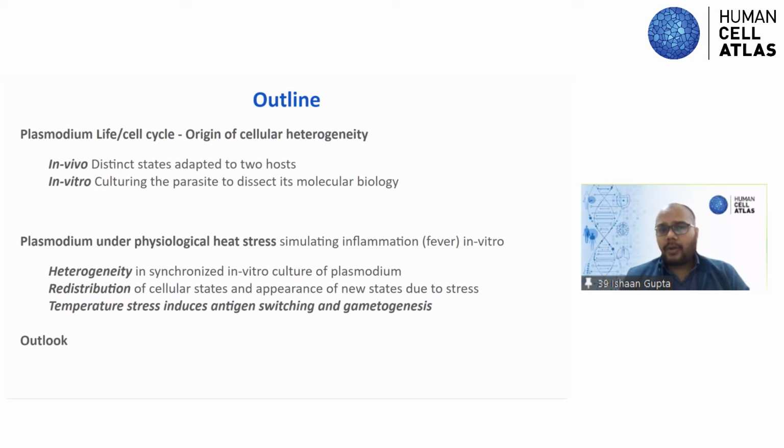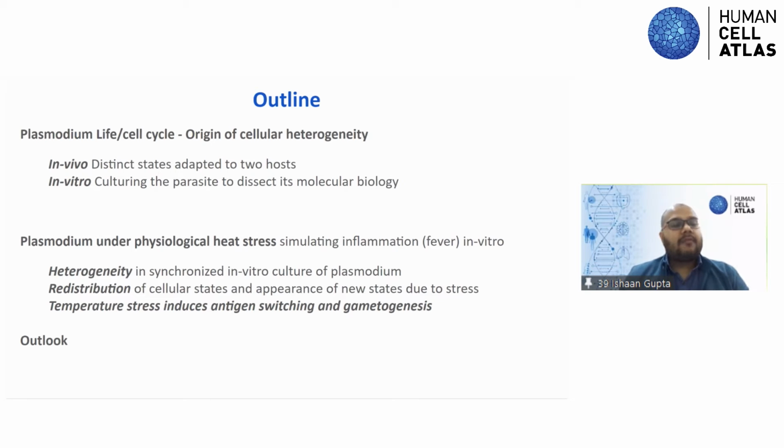A brief outline about the talk. First, I'm going to introduce you to the origin of heterogeneity for the Plasmodium in vivo. How does it behave, and how is the heterogeneity dissected in the context of the molecular biology of the parasite in vitro. Then I'm going to talk about our system, our experiment, whereby we are essentially simulating inflammation of the host, the febrile period.